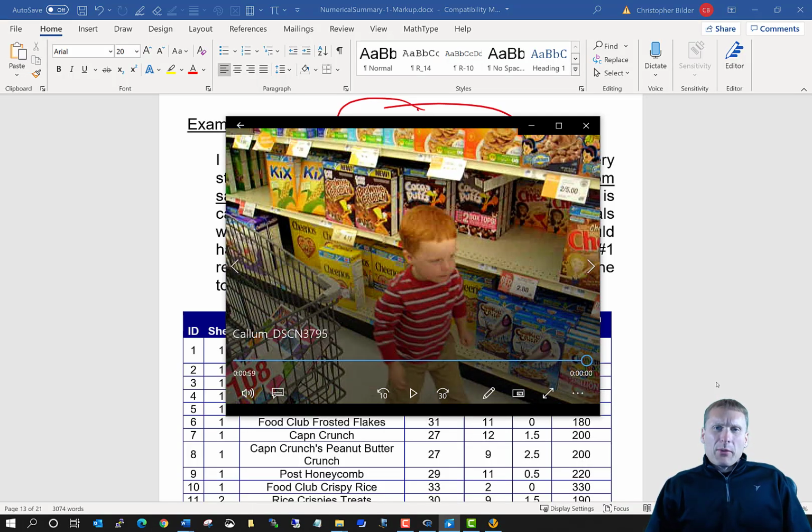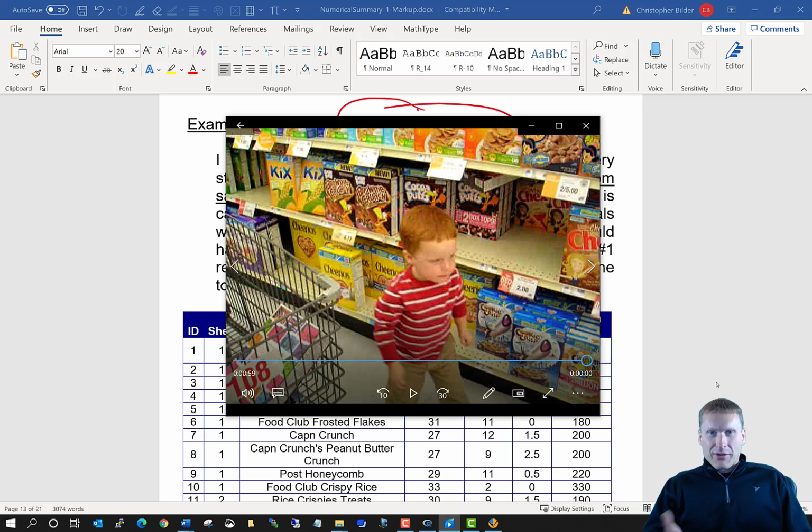And so, based upon what I observed with my young children, including Callum here, it appeared to me that perhaps those cereals that are marketed towards kids typically tend to be on the lower shelves because these kids are shorter. They can't reach up to the top shelves to pick up the cereal and put it into their parents' cart.